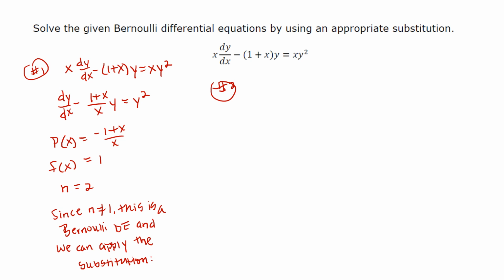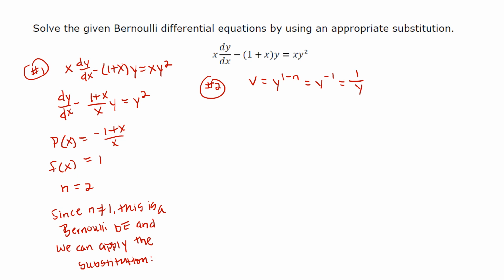Oop. Let's rewrite that. Step number 2. Okay, so v equals y to the power 1 minus n. Our n here is 2, so 1 minus 2 is negative 1. So v equals 1 over y. Okay.